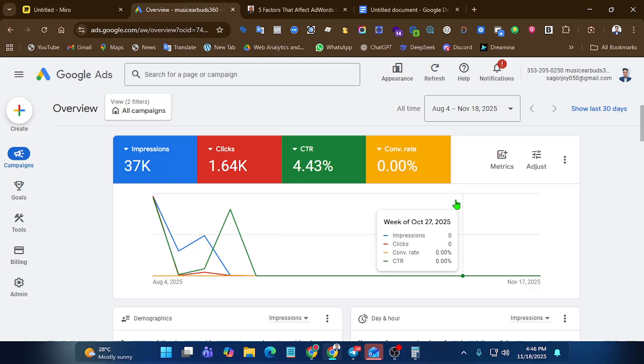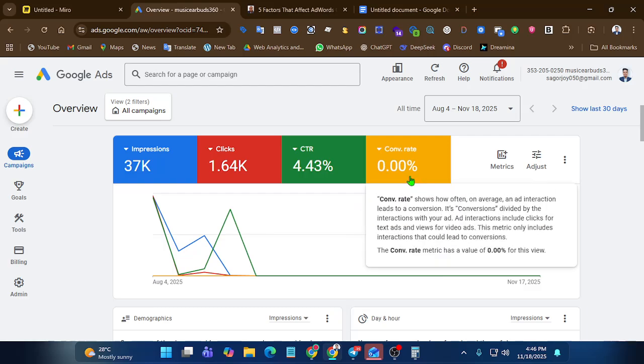If the conversion rate is 10%, that means 100 people visited your website, and 10 fulfilled your goal, like customer purchases or leads. So 100 people visited your website and 10 became your customers.